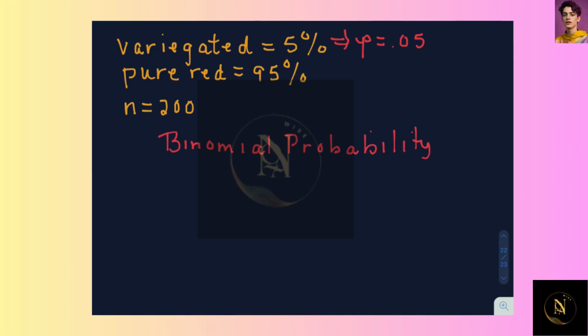The formula for binomial probabilities would be n factorial over n minus x factorial times x factorial, and then that fraction is multiplied by p to the x times q to the n minus x.